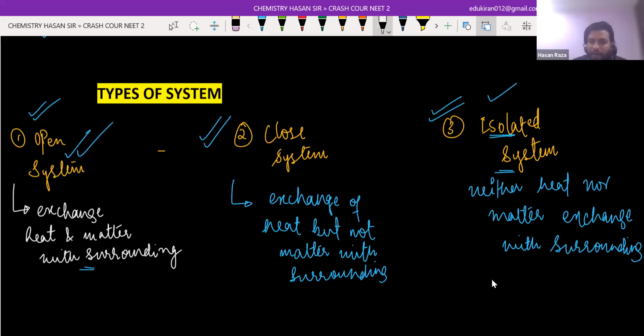You can take the example of a thermoflask, in which we keep boiled, hot water, and it remains hot for a long time. It is not an ideal isolated system, but we consider it isolated because it keeps the water hot for a long duration of time. So this type of system is known as isolated system.